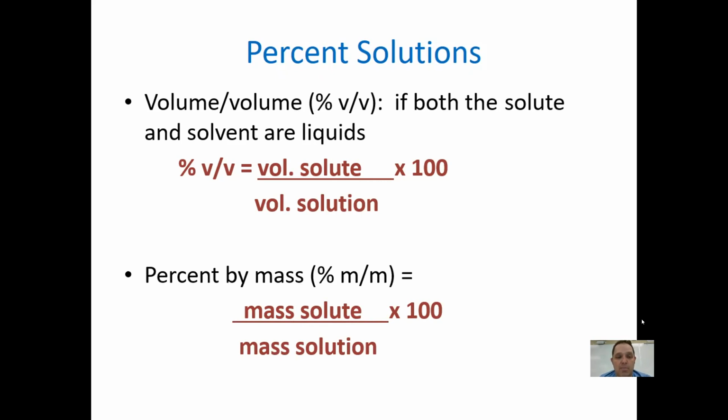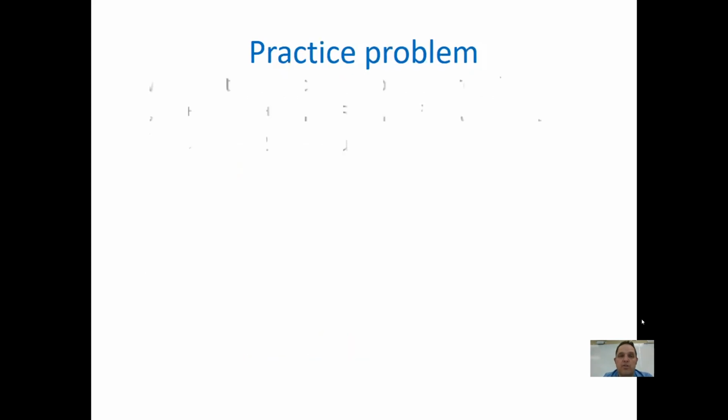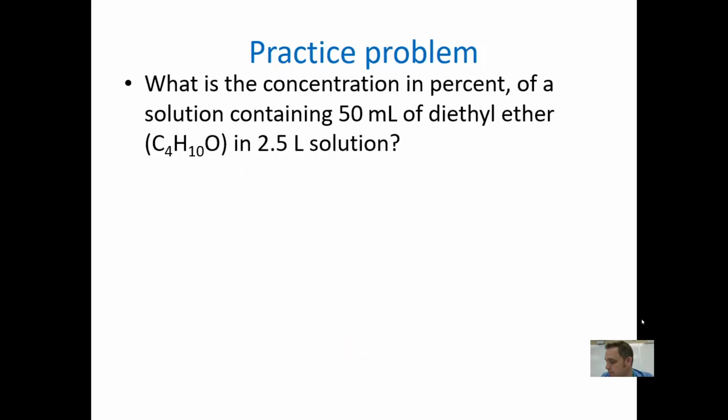The last type is when we kind of mix them together. We're going to do mass divided by volume. But let's do a practice problem first.